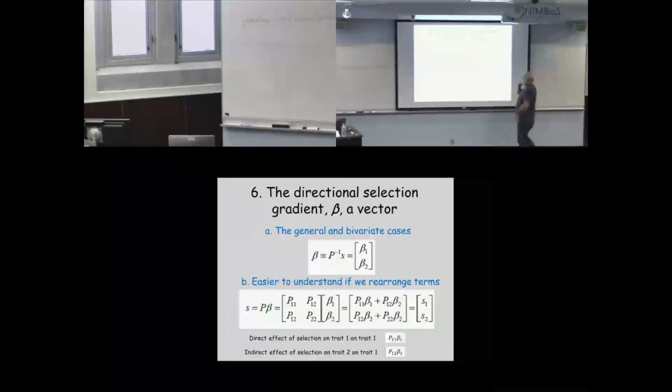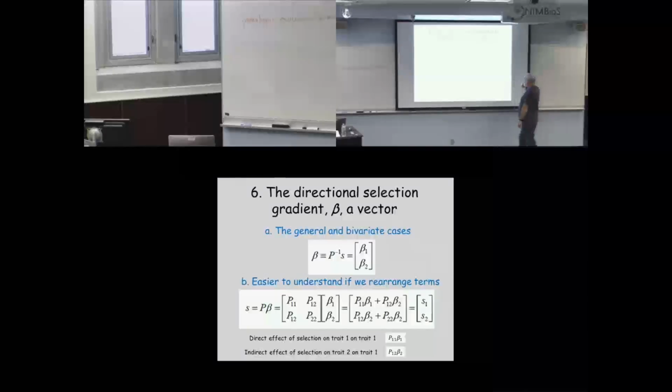Let us define the selection gradient, the directional selection gradient beta. And we're going to do that thing we talked about before. We're going to collect terms this way in our Breeder's equation. We're going to multiply the inverse of the phenotypic variance covariance matrix by the vector of S, which in the two-variable case is stacked like that. And then we get this product.